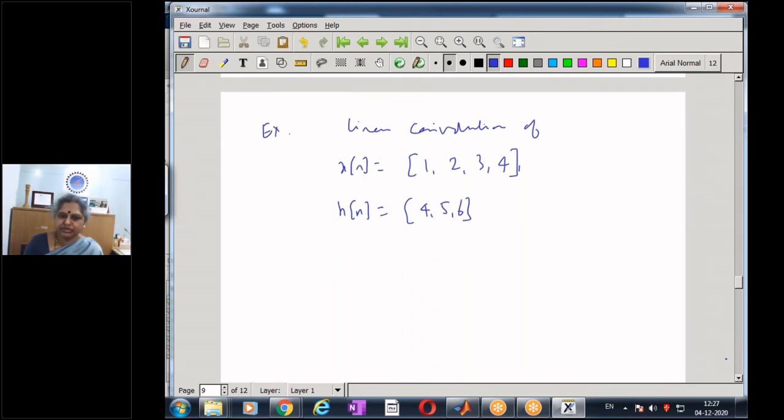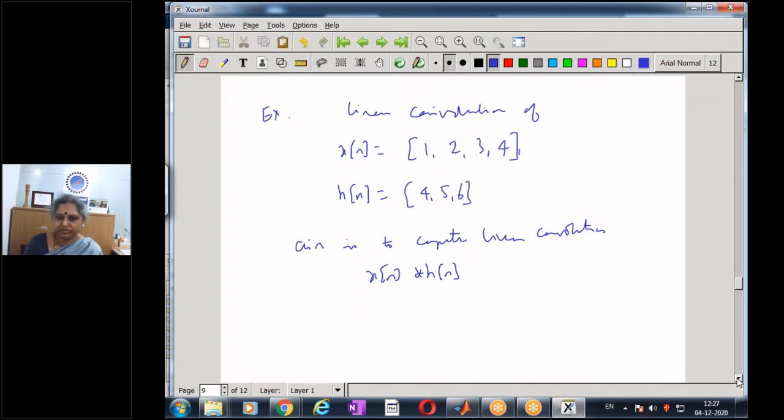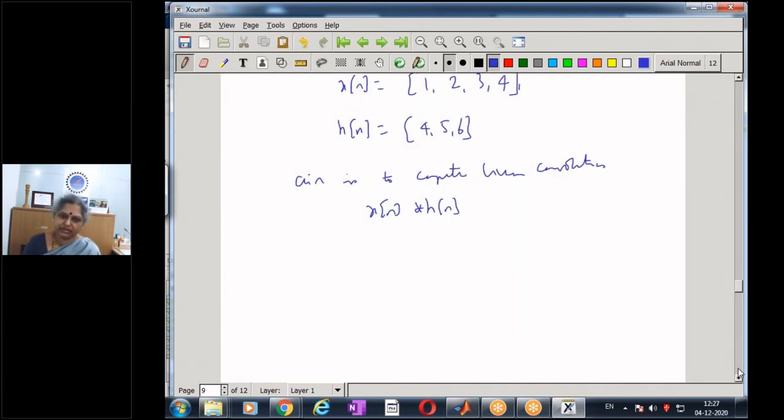Aim is to compute the linear convolution given by x of n convolved with h of n. Both are non-periodic and they are not of the same length. But let us say we compute it using DFT.